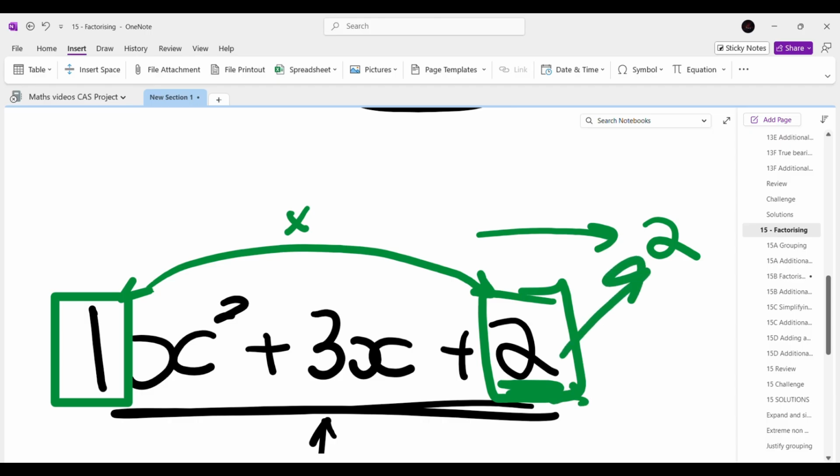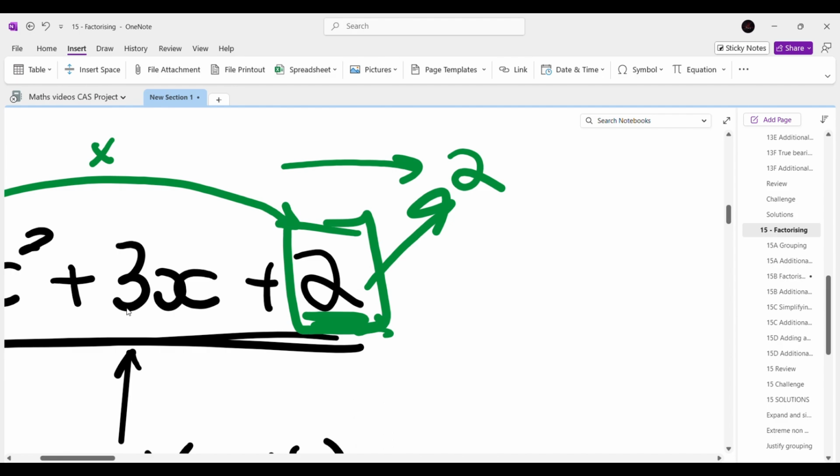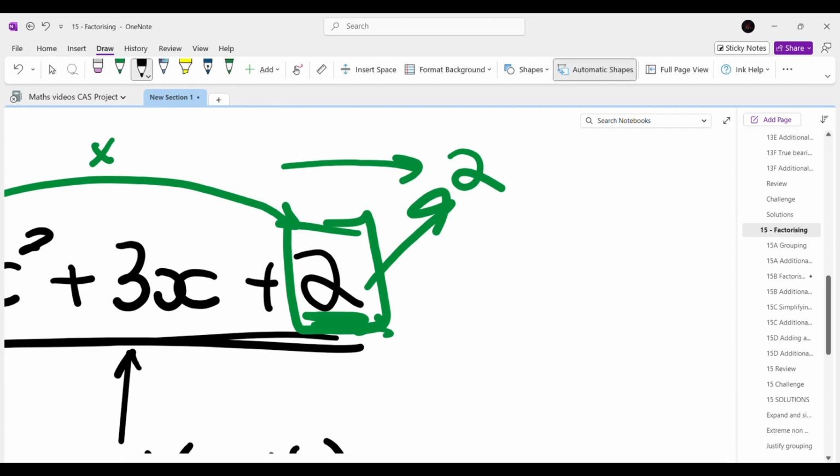When we have other numbers in this coefficient, like 4, for example, it would be 4 multiplied by 2, and you get 8. But here it's just 1, because there's no other value for the x squared. And you also take this middle value right here. So I'm just going to label this in red, 3. Now, what you do here is you have to go through the factors of 2, right?